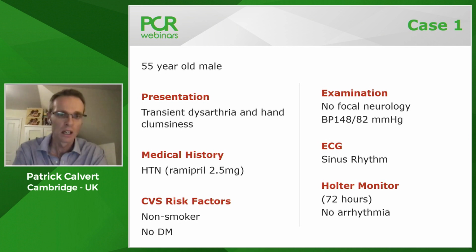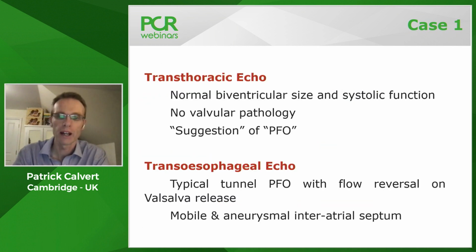Okay, Jens Erik, we have a 55-year-old male, transient dysarthria, high blood pressure, no other cardiovascular disease risk factors, no focal neurology on clinical examination because it's clinically improved, and monitoring for 72 hours with no arrhythmia. When we look at the echo imaging, it's unremarkable with a suggestion of a PFO.